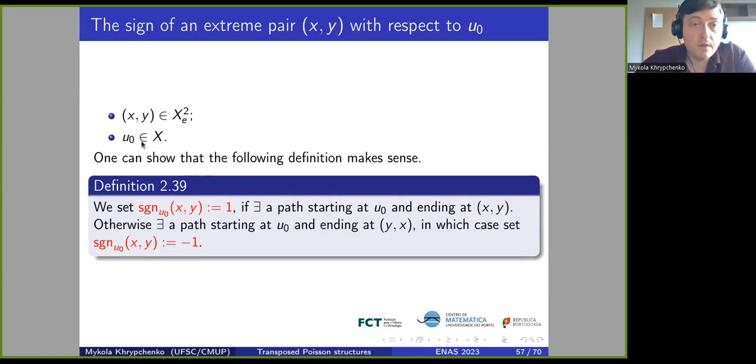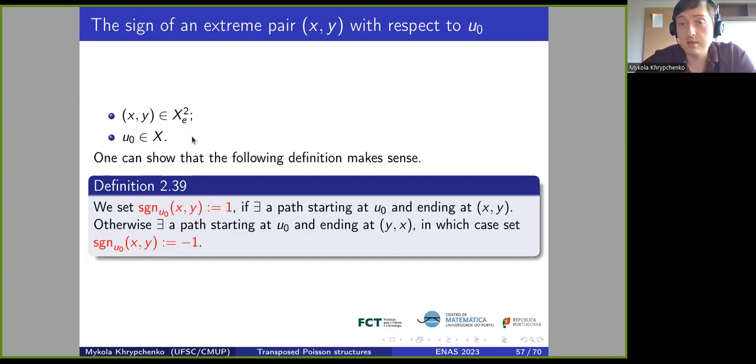Now, if I fix an extreme pair and some element u0, I can say that this extreme pair is positive with respect to u0, and I write the sign as 1, if there is a path starting at u0 and ending at this given extreme pair.